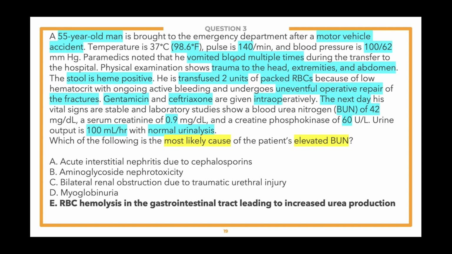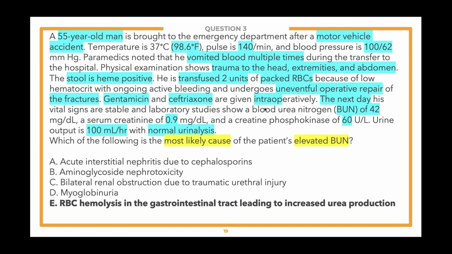We would see heme positive urine and possible brown muddy casts. Answer choice C, bilateral renal obstruction due to ureteral injury. Again, that would lead to most likely a rise in creatinine. The urine output that this patient has is pretty good, 100 cc's an hour. And if the patient were to have that kind of injury, renal obstruction, we would expect no urine to pass, okay?